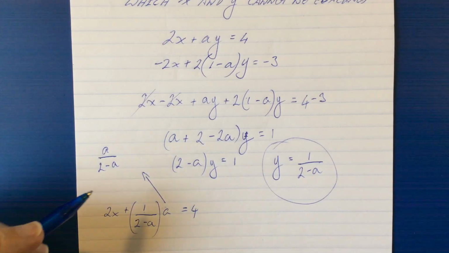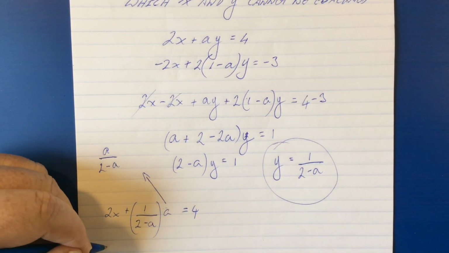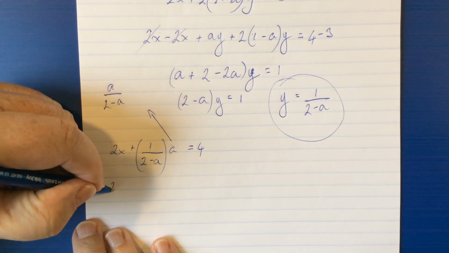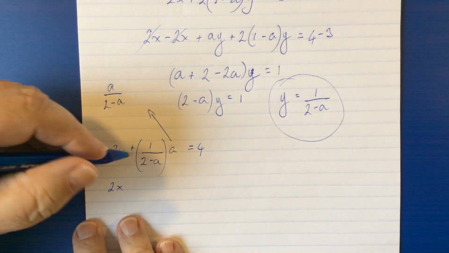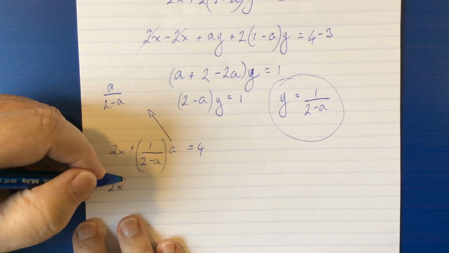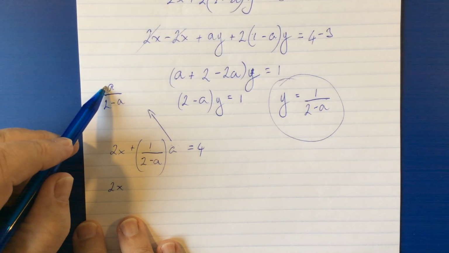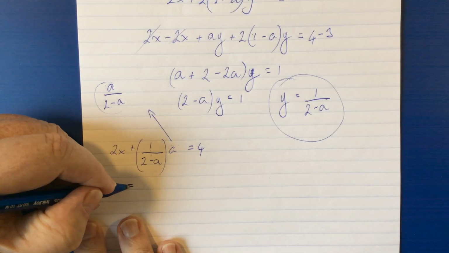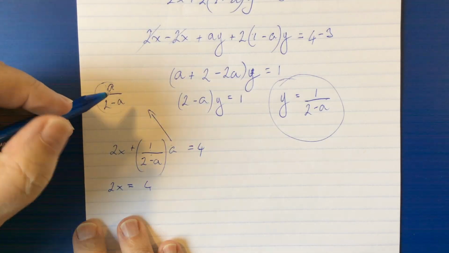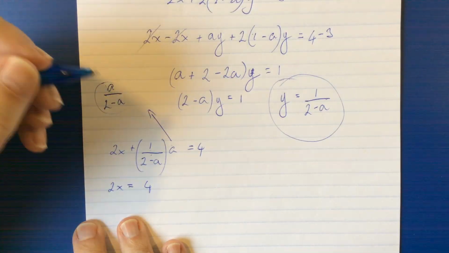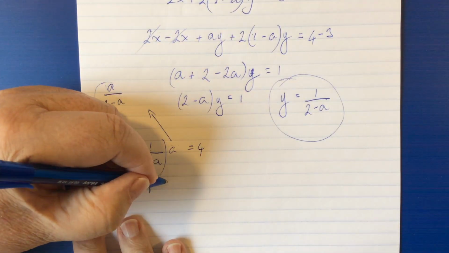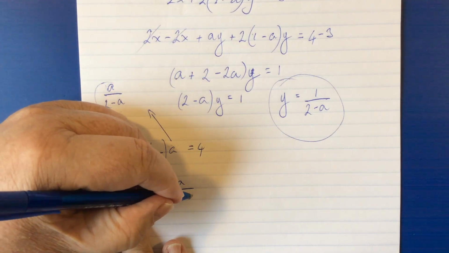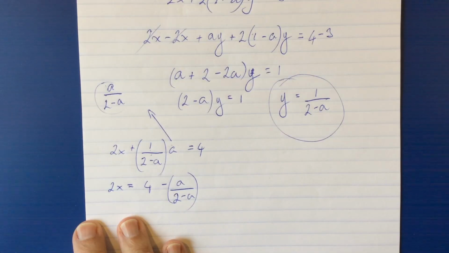And so what we now have is 2x, now if that is that, then 2x is going to equal 4 minus this expression here, 4 minus a over 2 minus a.